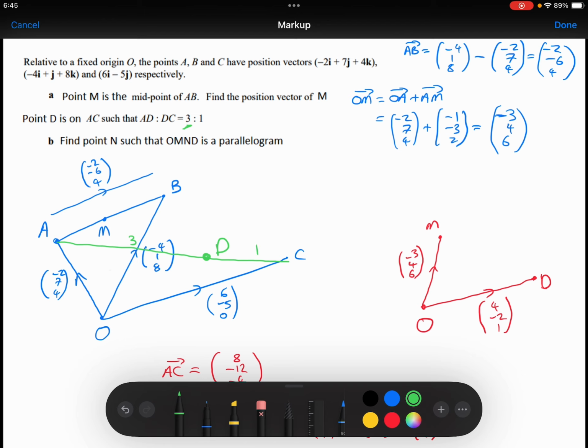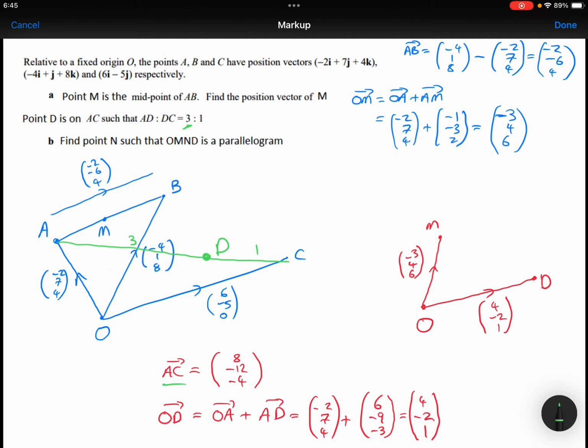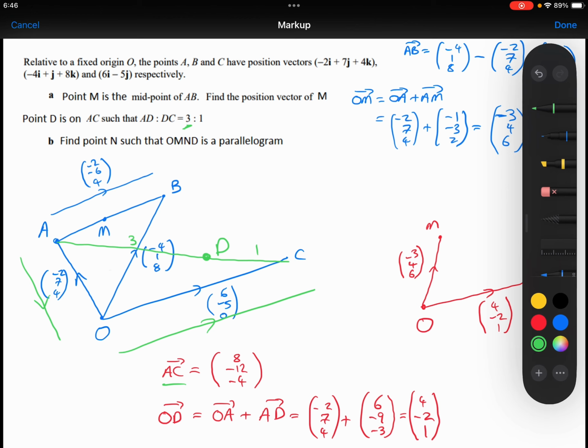So I've worked out A to C, and I've done that by going A to O plus O to C. So A to O, we've got the opposite direction here, so that's going to be (2, -7, -4).